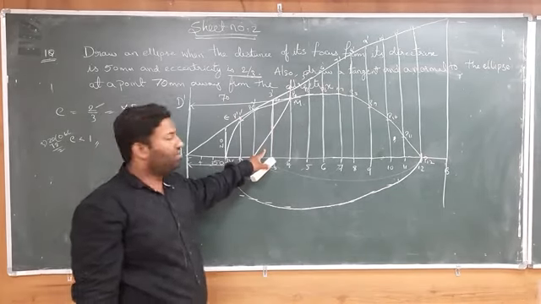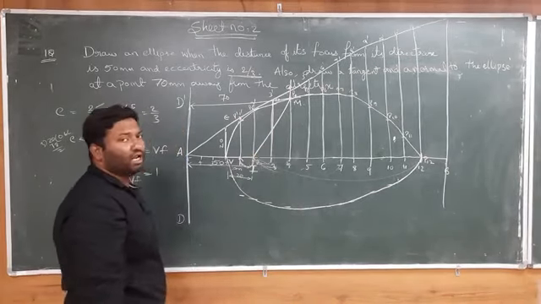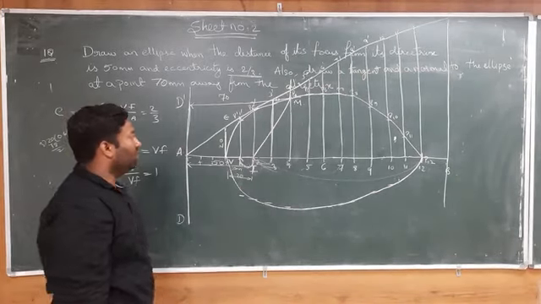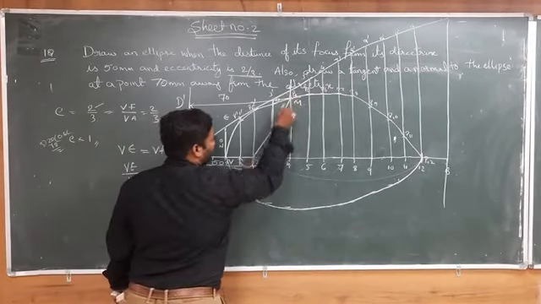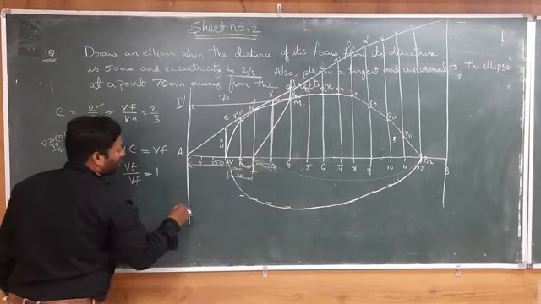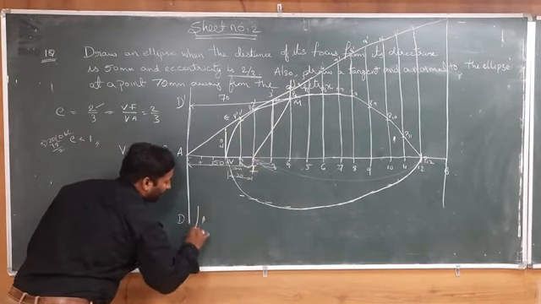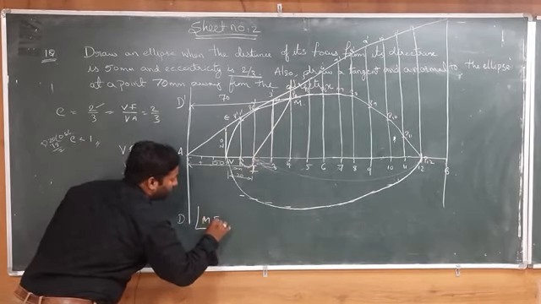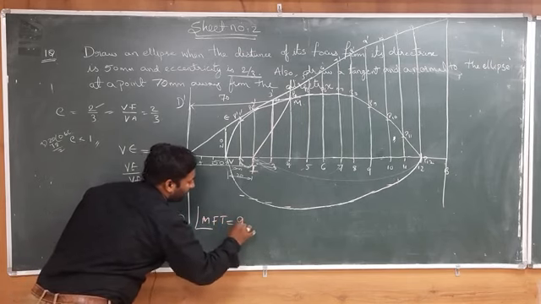After that, I will place a set square here for making an angle of 90 degrees. So I will mark a point by taking F here. I have to draw angle MFT equal to 90 degrees.